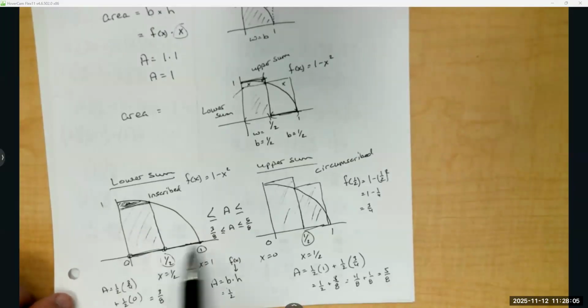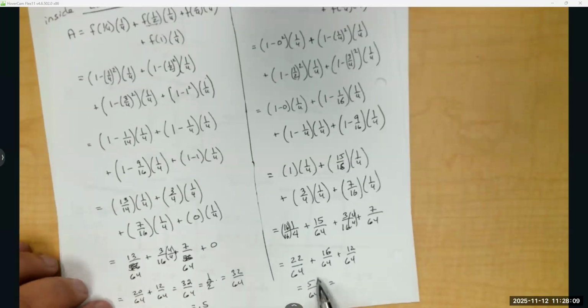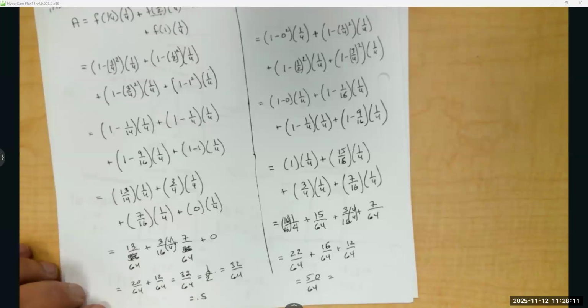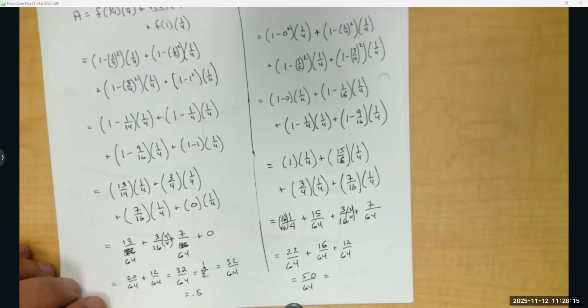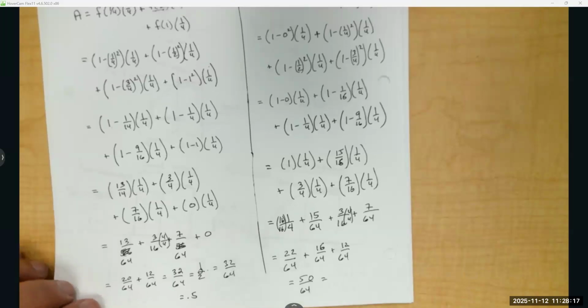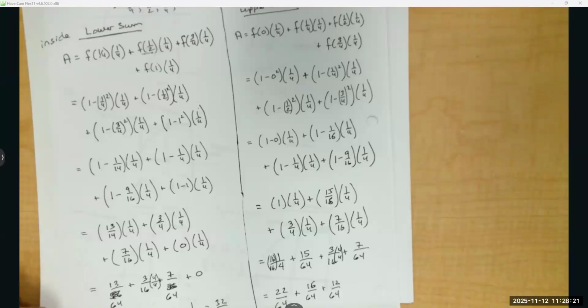With four divisions, we had 32 over 64, 50 over 64. So what would you do next? Keep slicing it up. So instead of 4, we'd have 8.